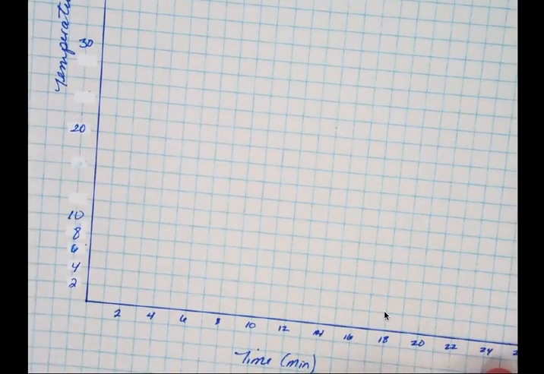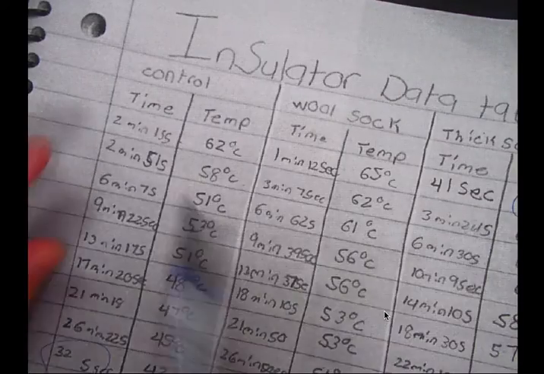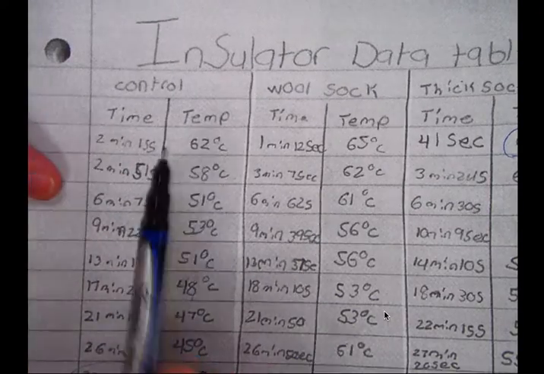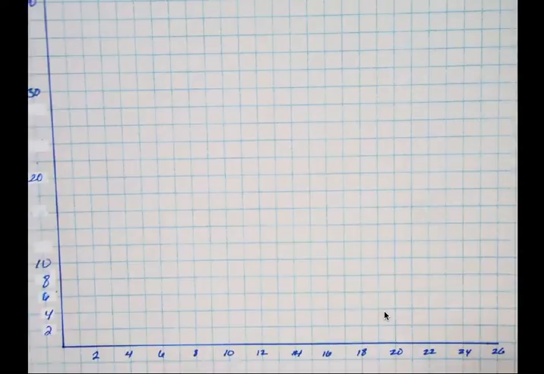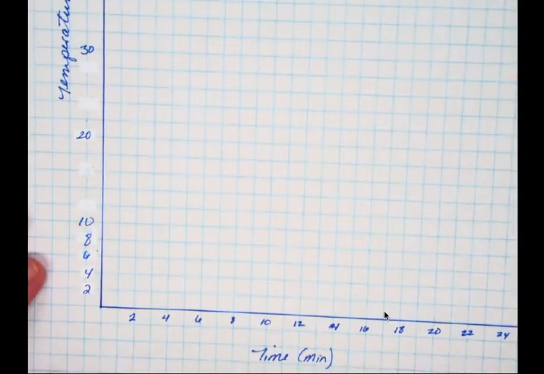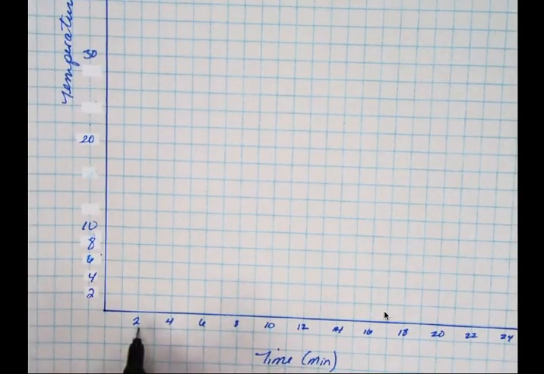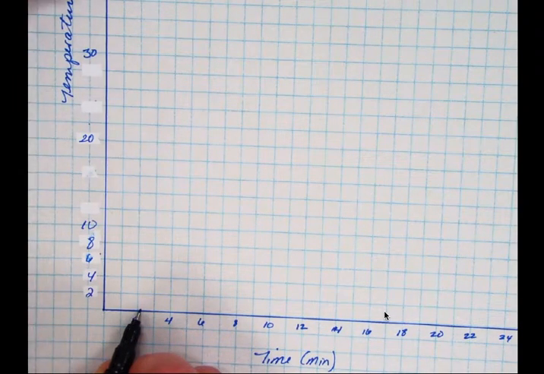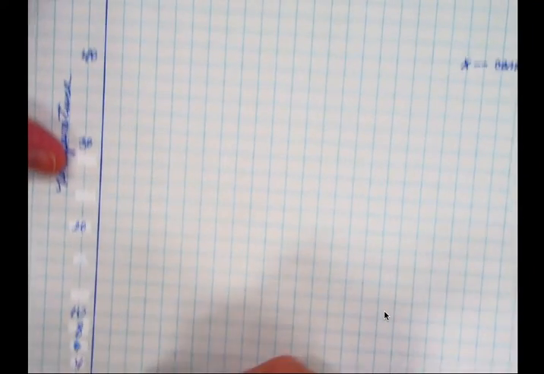So my first data point is 2.15 and 62. So I'm going to go over, so this is 2, this is 3, 2.15 is about right there, and I need to go up to 62.